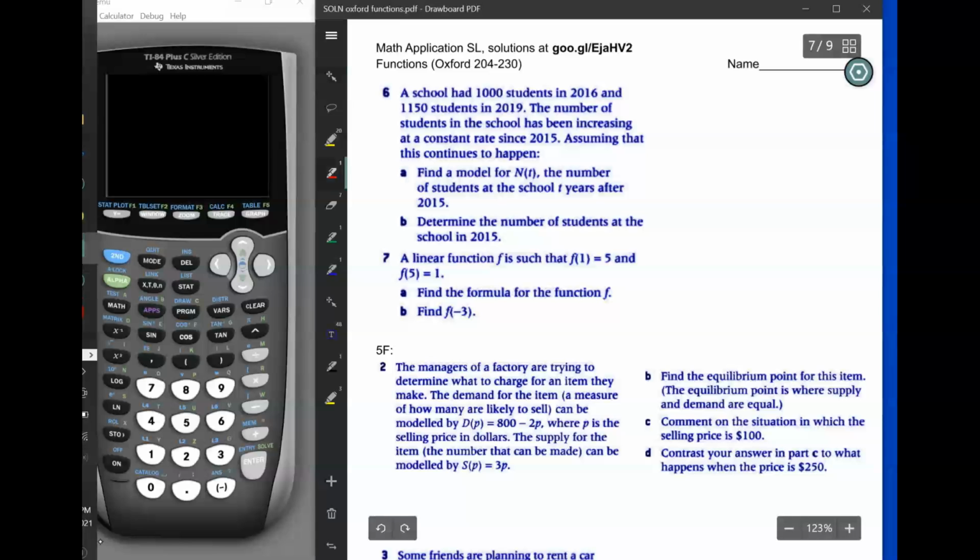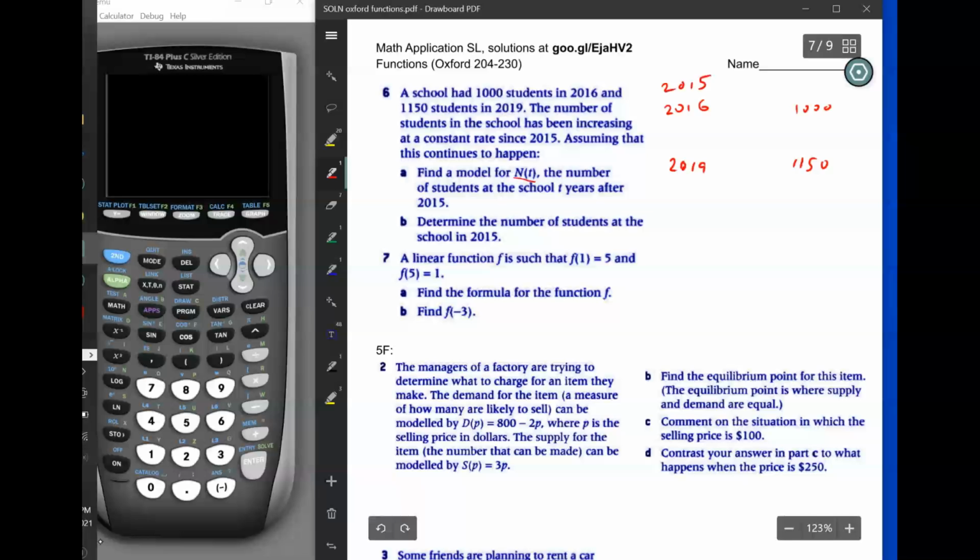Okay, so let's make a little table here. So 2016, there were 1,000 students. And in 2019, there were 1,150 students. The number of students has been increasing at a constant rate since 2015. Okay.